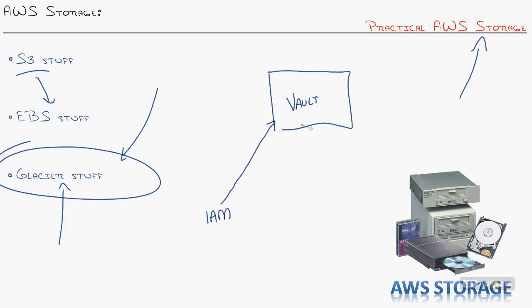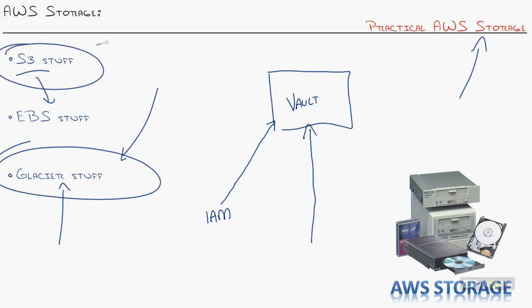Now, in order to actually put things into that vault, I need to employ some kind of program that has the ability to work with Amazon access methods. Glacier uses the same kind of REST API access methods as S3.